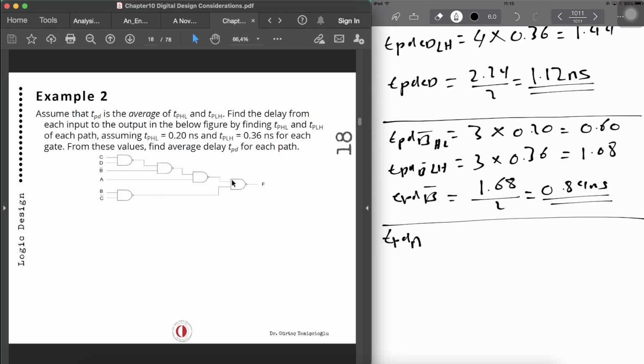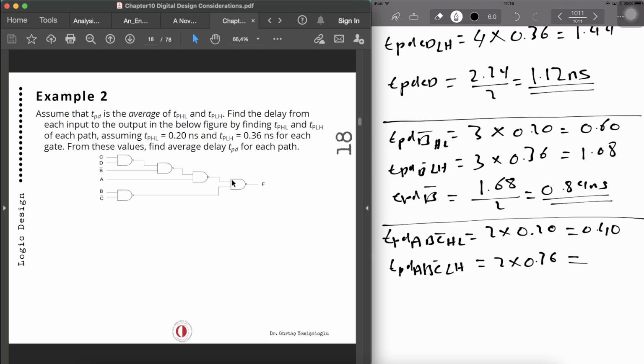So tPD for A and B, C prime, high to low, is 2 times 0.20, which is 0.4, and then we have got the low to high, which is going to be 2 times 0.36, 0.72.